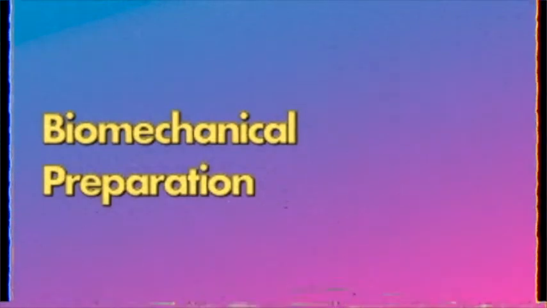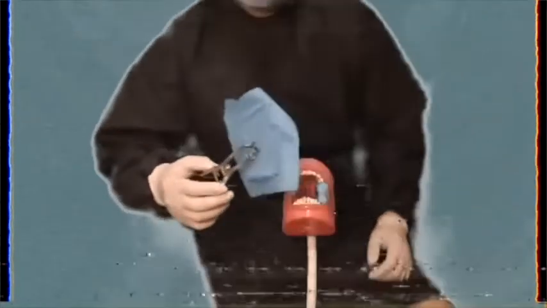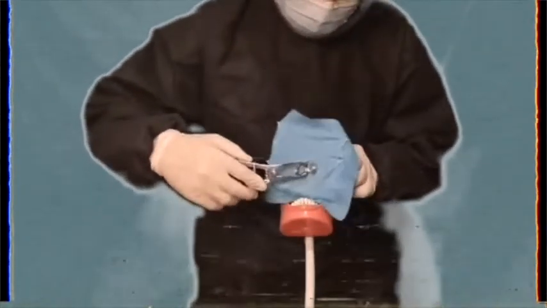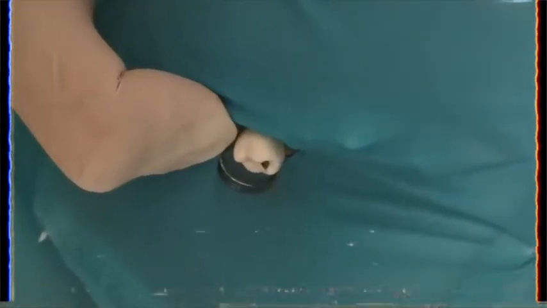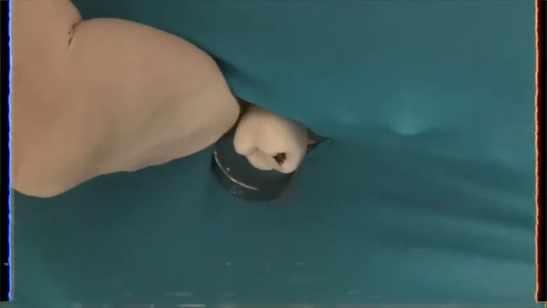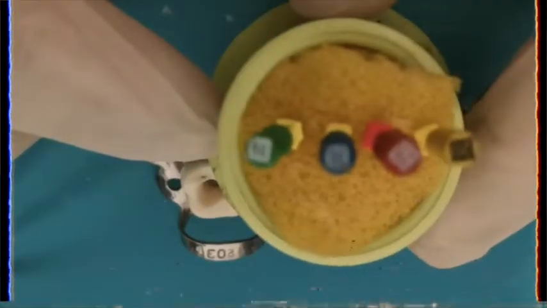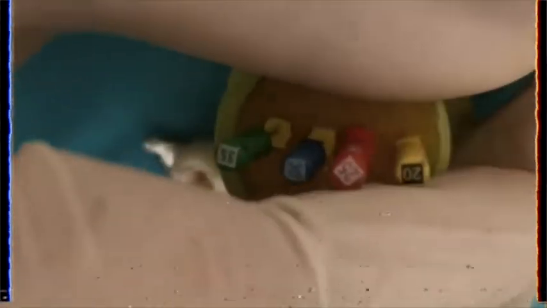Biomechanical preparation. For this case, we will be dealing with three canals: the mesiobuccal canal, the distobuccal canal, and the palatal canal. We will start with the distobuccal canal, with its IAF being size 20.